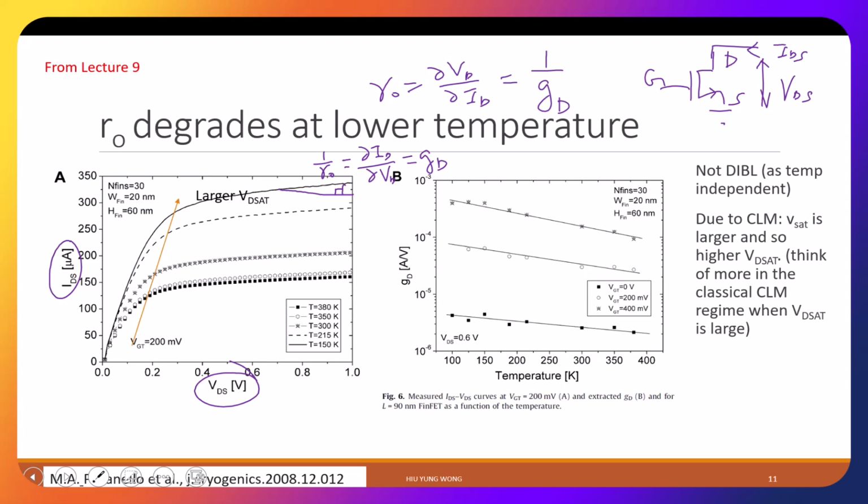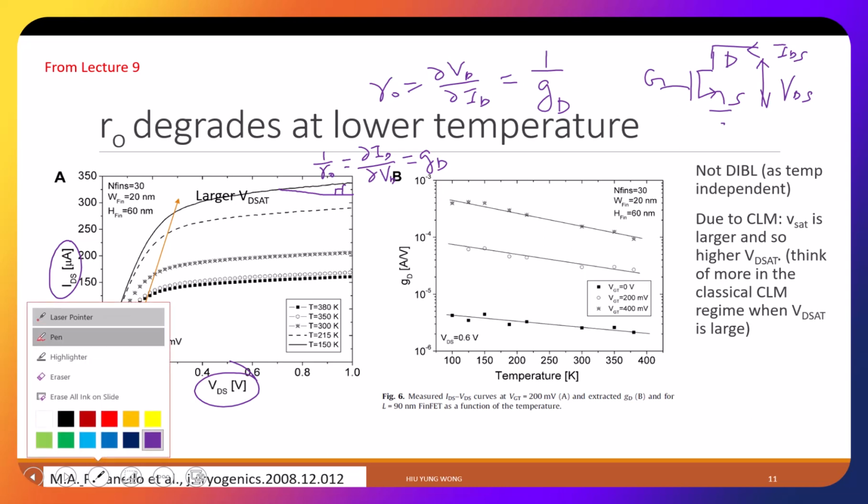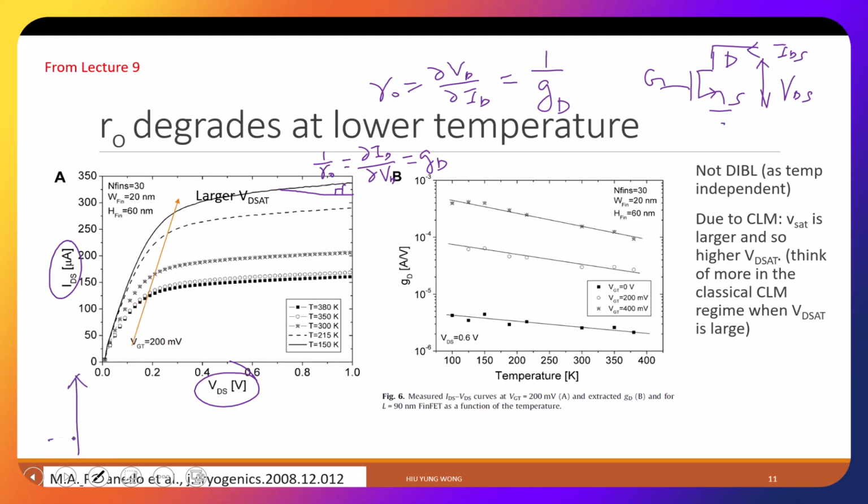If you remember, it's a good time to review. This is VD, this is ID. I have curves like this. This might be VG minus VT equal to 1, 2, 3. So at different VG minus VT, I have different slopes, and that is what you are asking. Any questions?